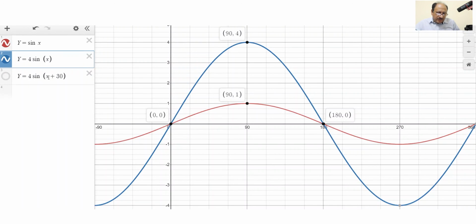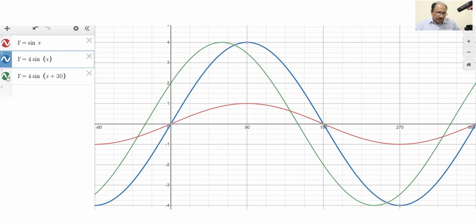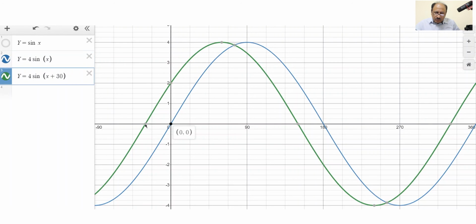Now if we change inside the brackets, x plus 30, the curve should shift to the left by 30 degrees. And if we check, this curve is shifting like this. This is at 0, 0, and this is shifting to minus 30. Or you can check, this one is at 150 and 0, and this is passing through 180 and 0.